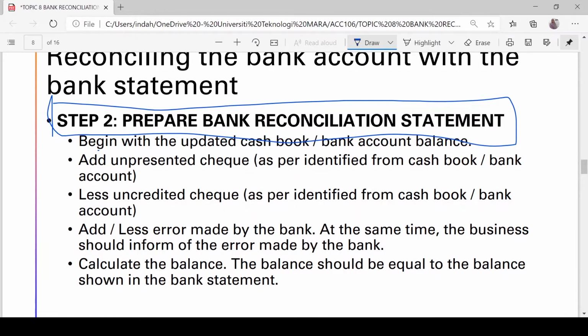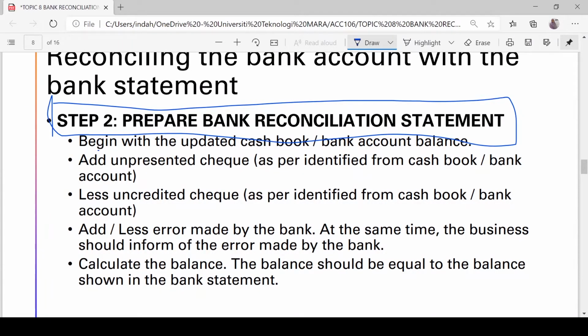You have issued a check to your payable, but the check is not yet presented to the bank by your payable. So when you receive the bank statement, it is not in the bank statement yet. But you have issued a check and deducted it from your bank account or cash book.